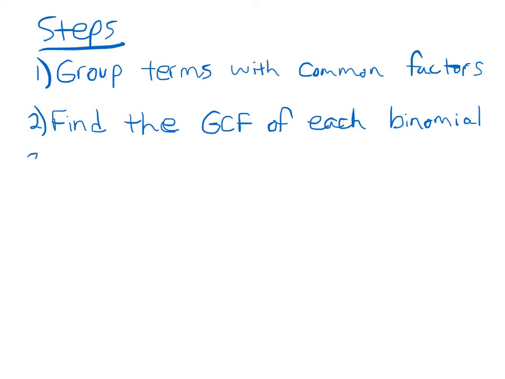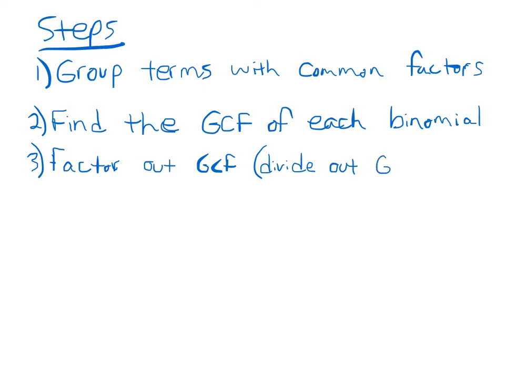Okay. Step 3 is going to be to factor out the GCF. So once you find the GCF, you got to factor out the GCF, and we know that we do that. We basically divide out the GCF. Okay.